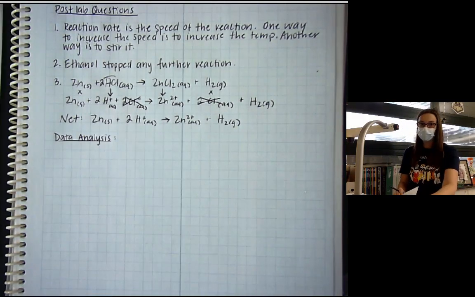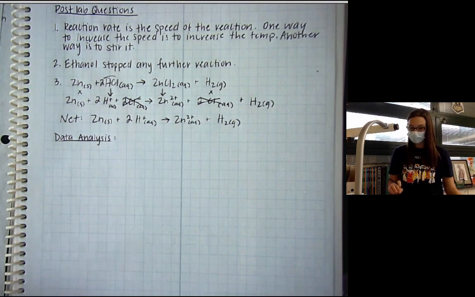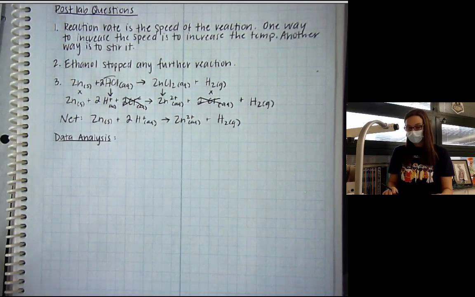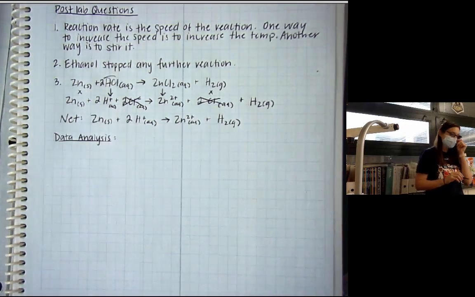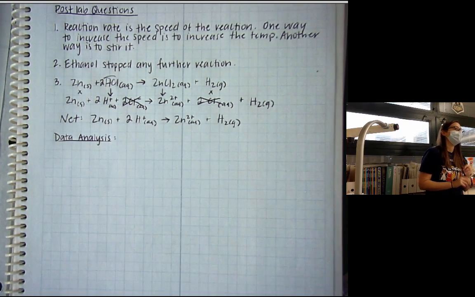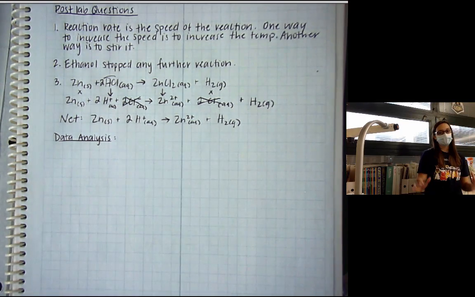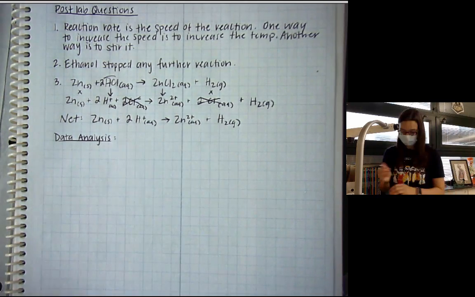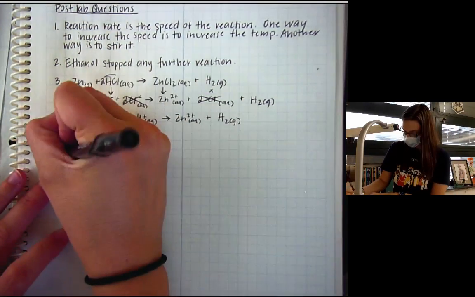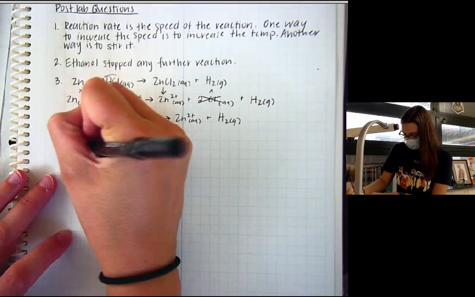So we're going to start writing the data analysis. And what I'm going to do is leave blanks in the data analysis for you to fill in. You can write this word for word exactly how I write it, but just fill in the blanks with your data. So let's start by summarizing what we did.